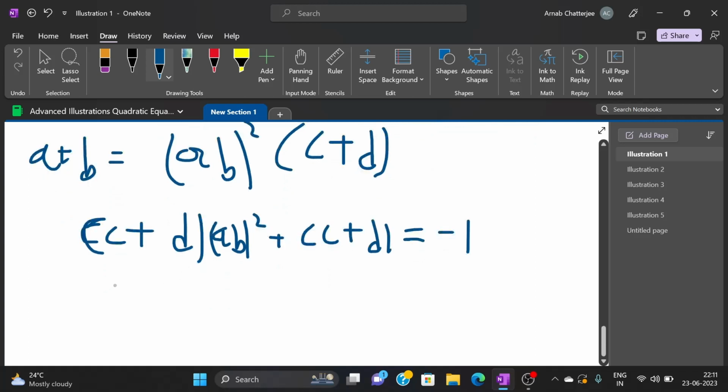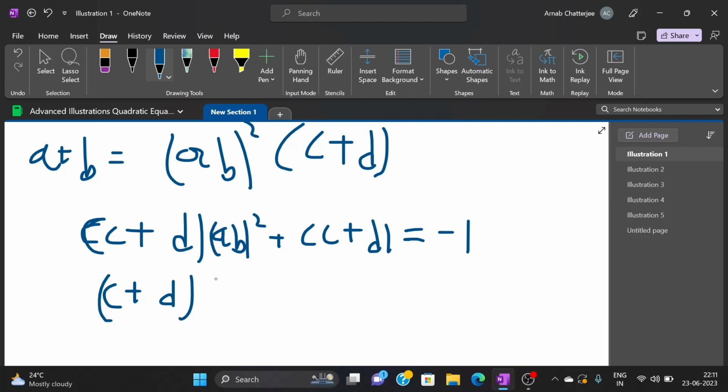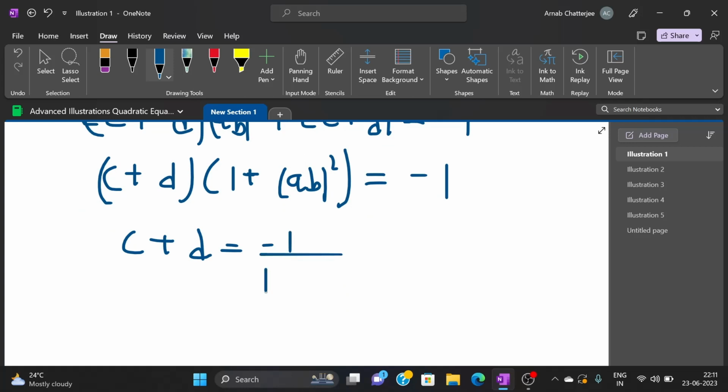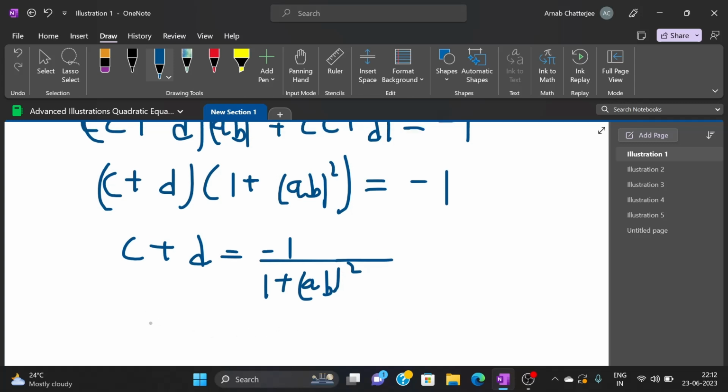So from here I will have C plus D common, and 1 plus (AB) whole square. This is equal to minus 1. So finally I have C plus D equal to minus 1 upon 1 plus (AB) whole square.